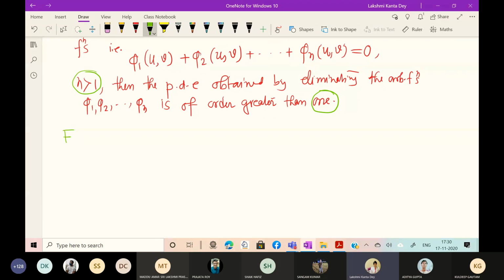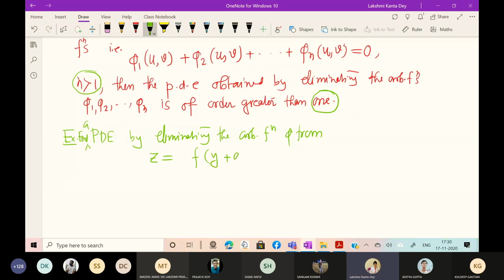Example: find a PDE by eliminating the arbitrary functions f and g from this. z is equal to f of y plus ax plus g of y plus bx, a not equal to b.